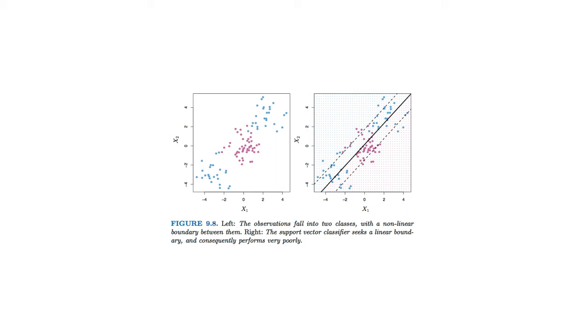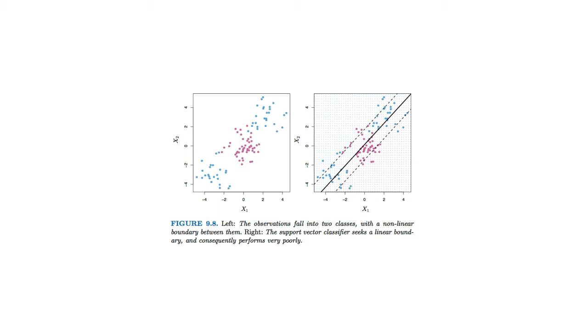Now here's a problem that the support vector classifier simply can't handle, and the reason is that the support vector classifier is linear. If we look at the problem on the left side, try to imagine drawing the best straight line to separate the blue points from the purple points.